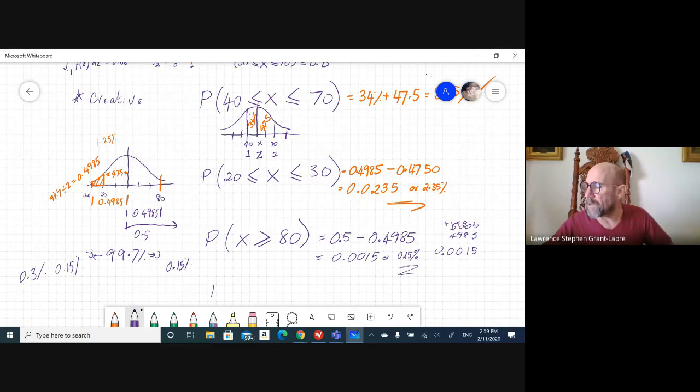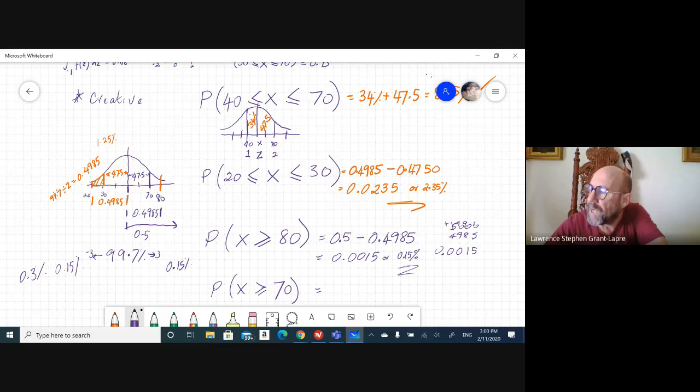I think the test had a question like this one. What's the score greater than 70? All right, try that one. Now, between 0 and 70, you've got a 47.5%.